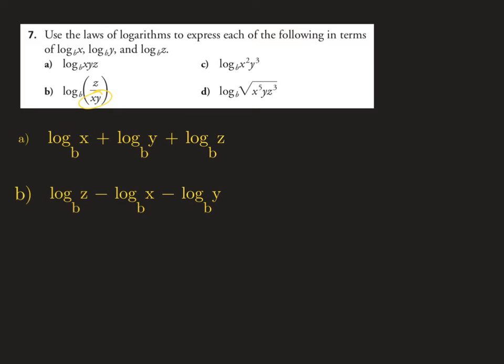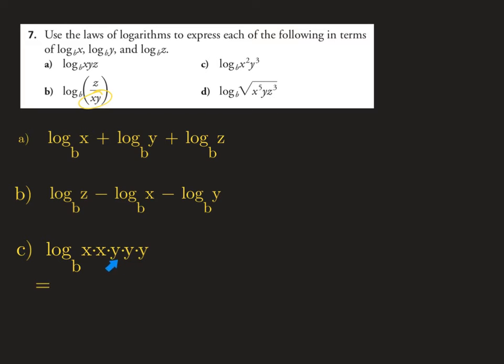Okay, so part C, log of x squared y cubed base b. Let me just rewrite it. Log base b of x times x times y times y times y.